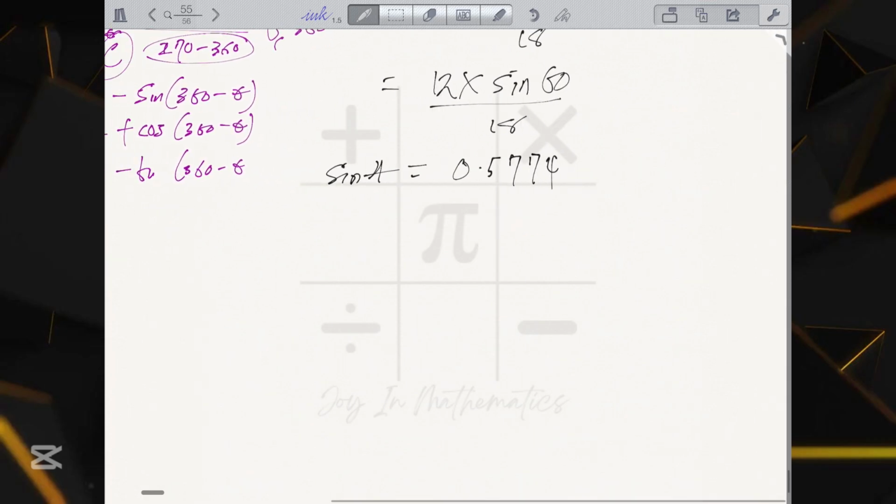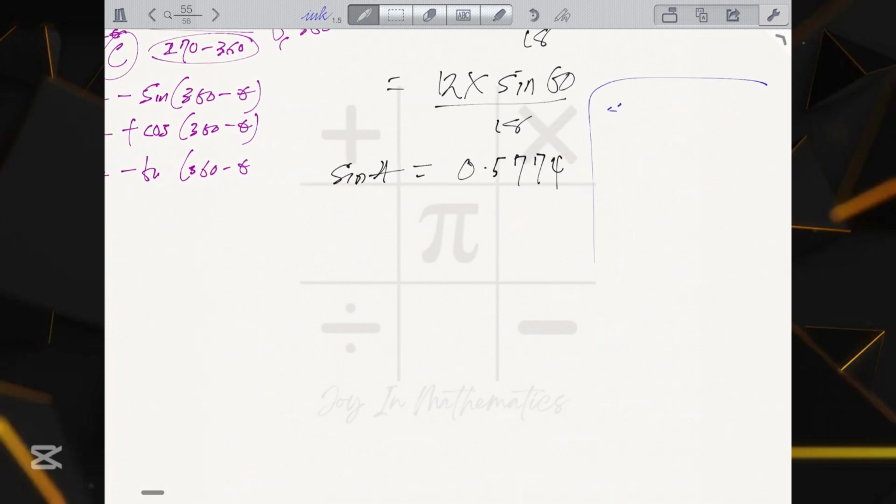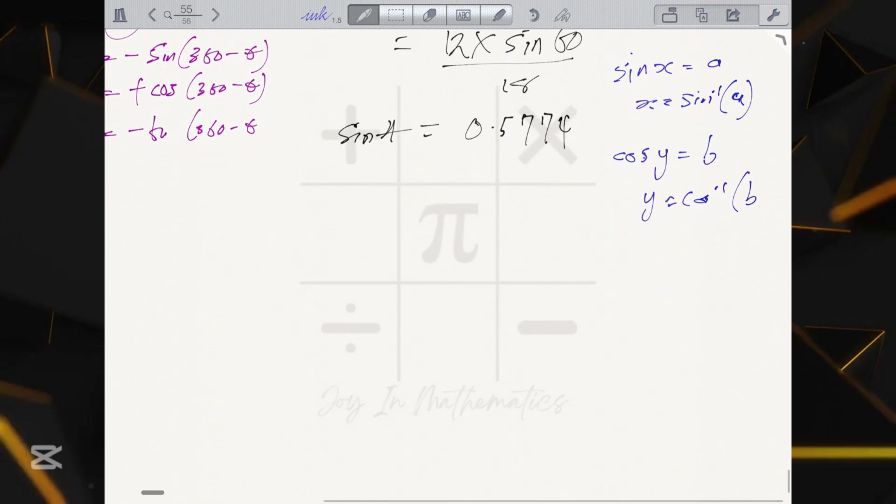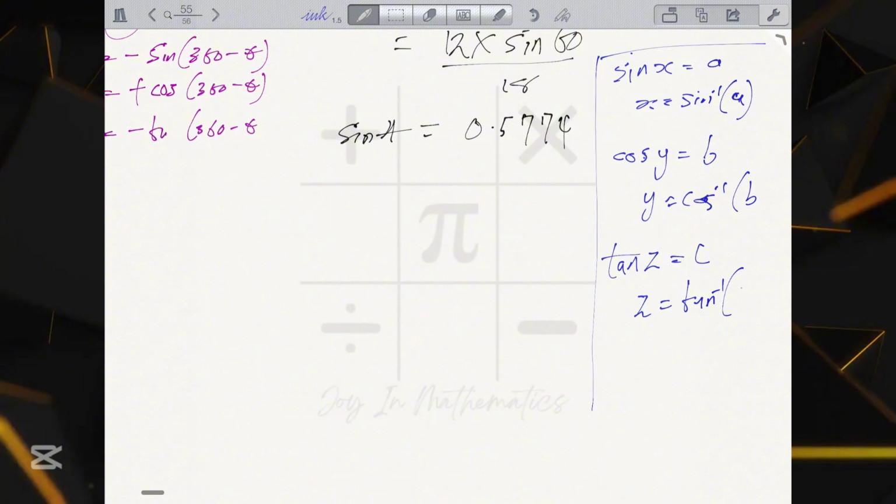What should pop up in your head should be something similar to sine x is equal to A, and x will be equal to arc sine A. Cos y is equal to B, and y should be arc cos of B. Similarly, tan z is equal to C, and z should be arctan of C. So let's implement this now.